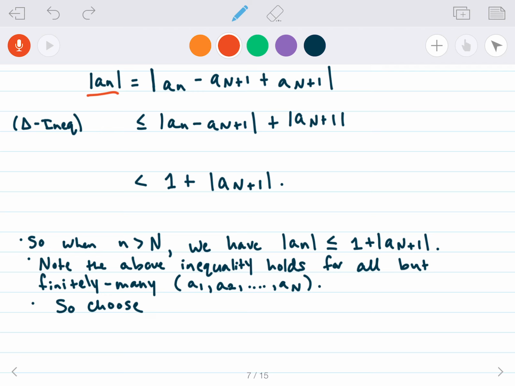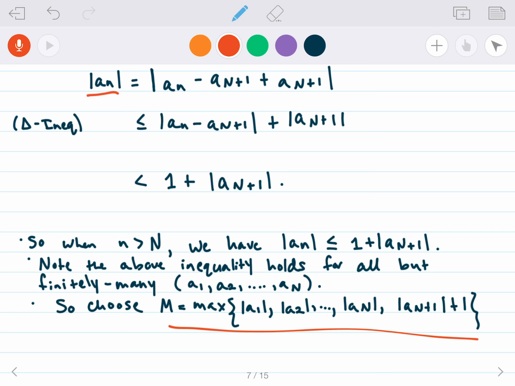And so what we're going to do is choose our bound for all of them to be the maximum of the set a sub 1, a sub 2, all the way up to a sub capital N, and then throw in the bound that we already found. So whatever is the maximum of this set is going to be our bound here. Then a sub little n will be less than or equal to capital M for all little n, if we set this condition.